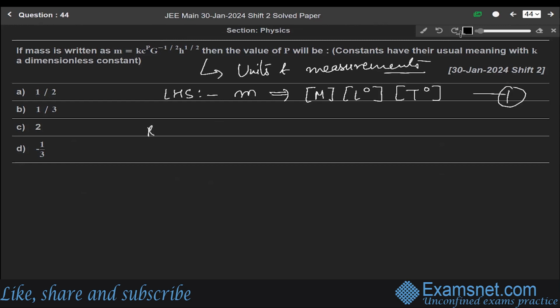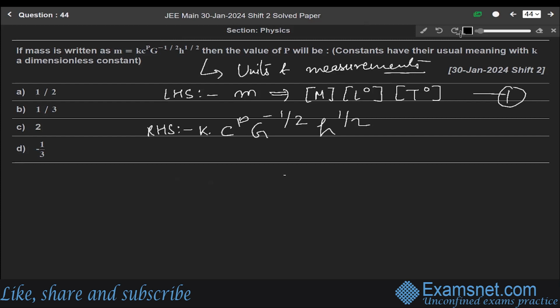Now writing the RHS. K is the constant, leave K. C raised to the power p, G raised to minus 1 by 2 and h raised to 1 by 2. Here c is the speed of light, G is the gravitation constant, and h is the Planck's constant.